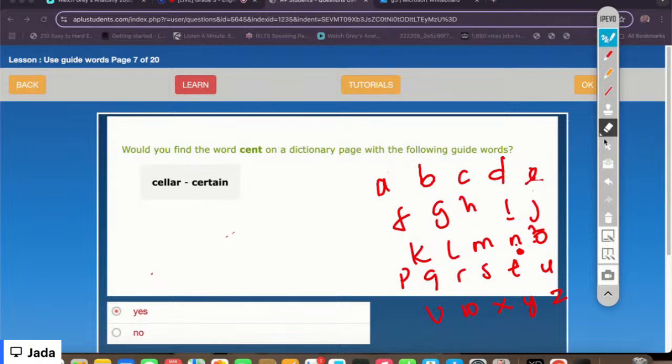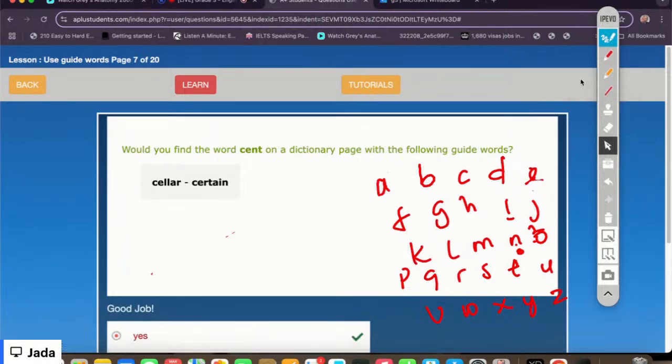All right, so yes, right? Answer is yes. So we can find scent in between seller up until certain.